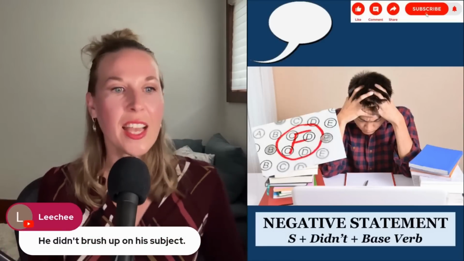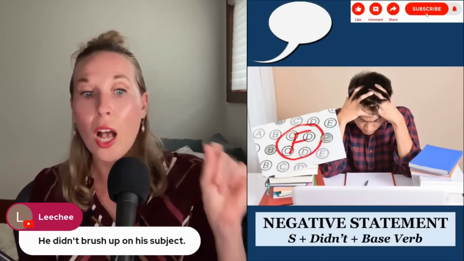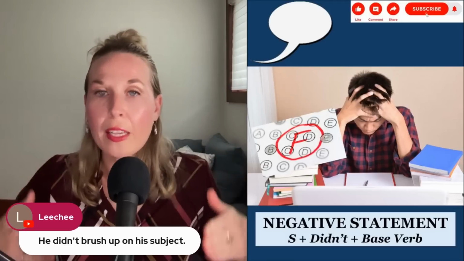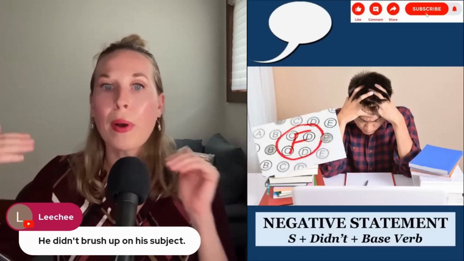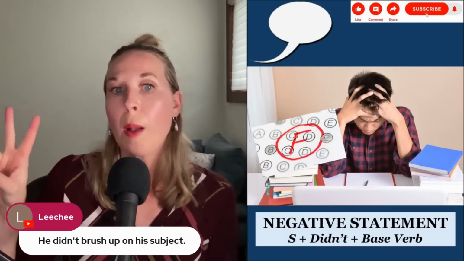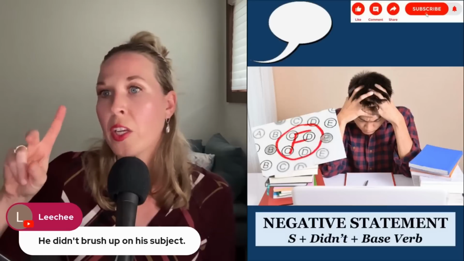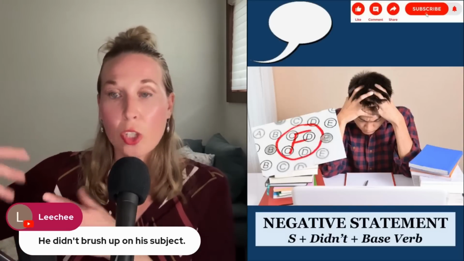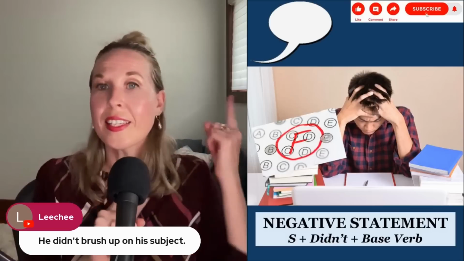Okay, Lychee said he didn't brush up on his subject. Excellent job. So the phrasal verb is to brush up on something. This is a phrasal verb that requires two prepositions, up, on. You use on when you're identifying the topic. But this is negative.